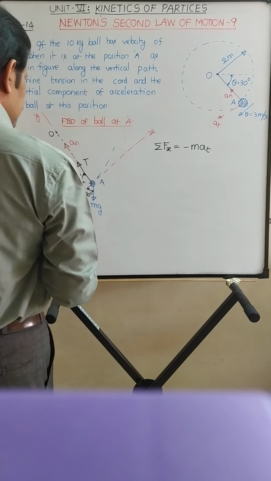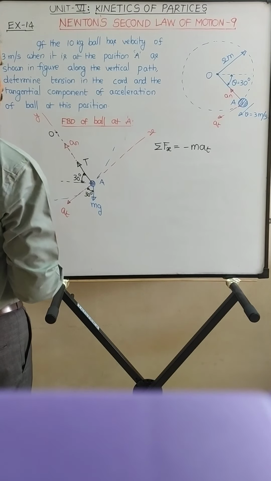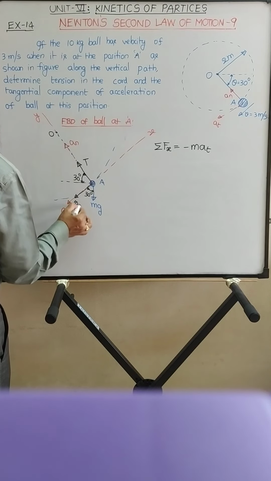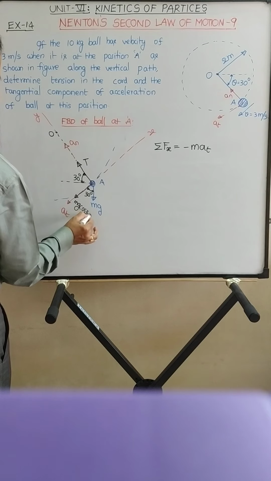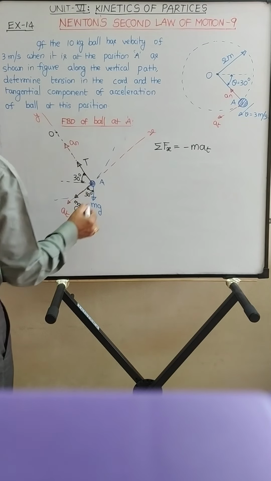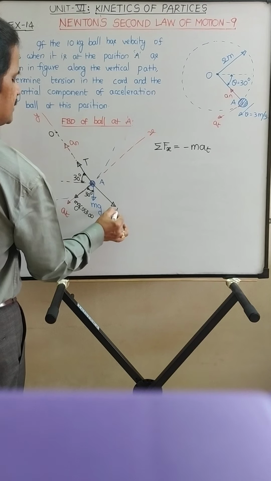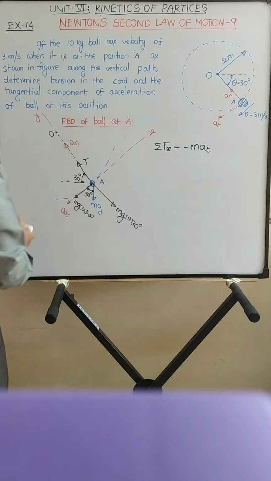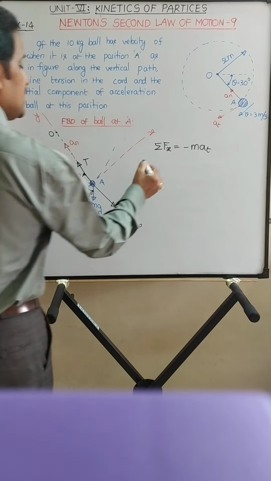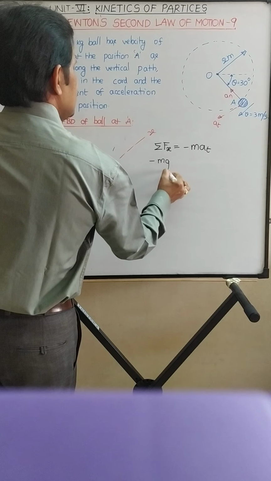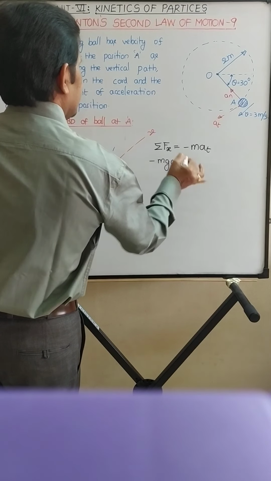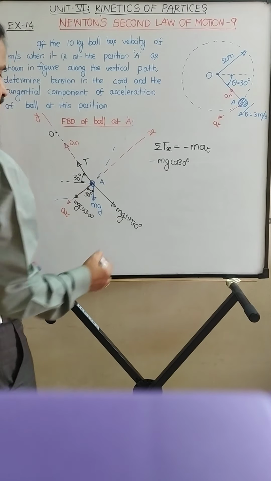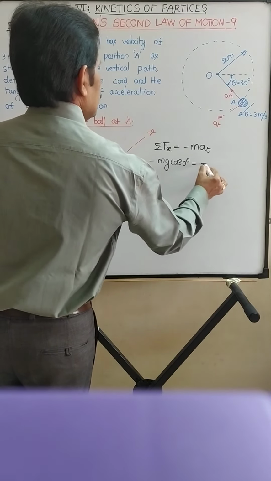So now resolving this mg into two components, the component along x-axis, that is mg cos 30, the component adjacent to the angle is cos, and the other component is mg sin 30. So now in x direction mg cos 30 is acting towards left, so minus mg cos 30. T is perpendicular to that, so the component of T in x direction will be 0, is equal to minus m at.